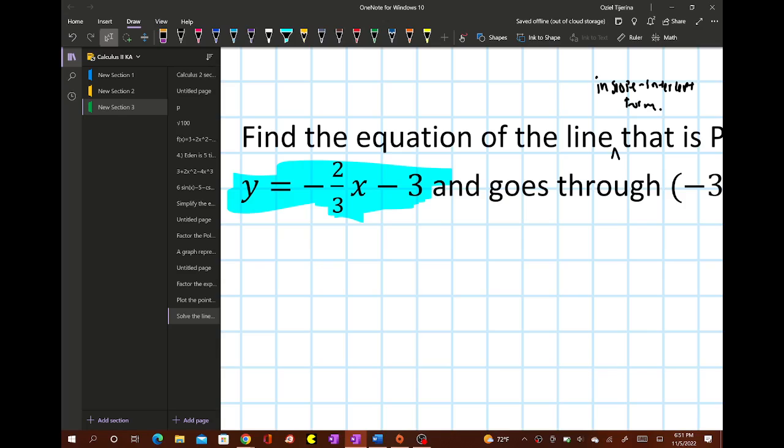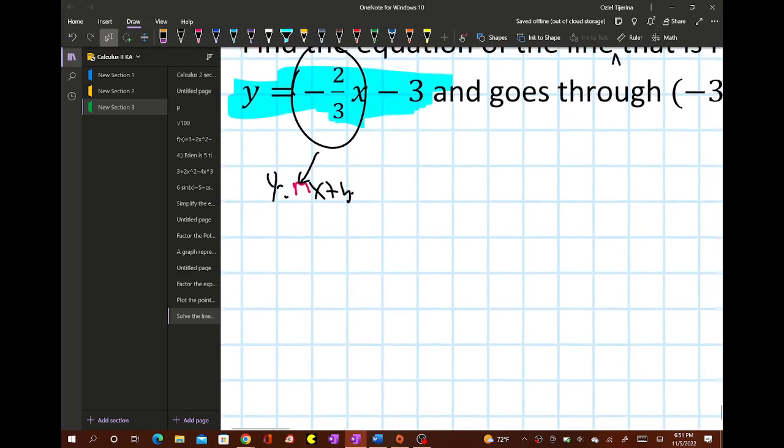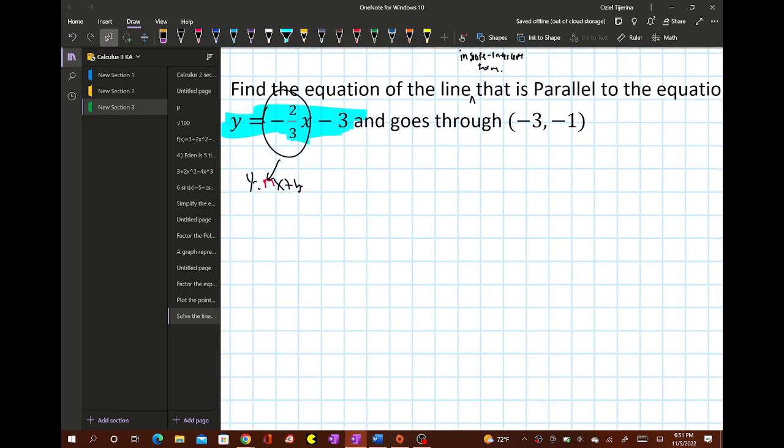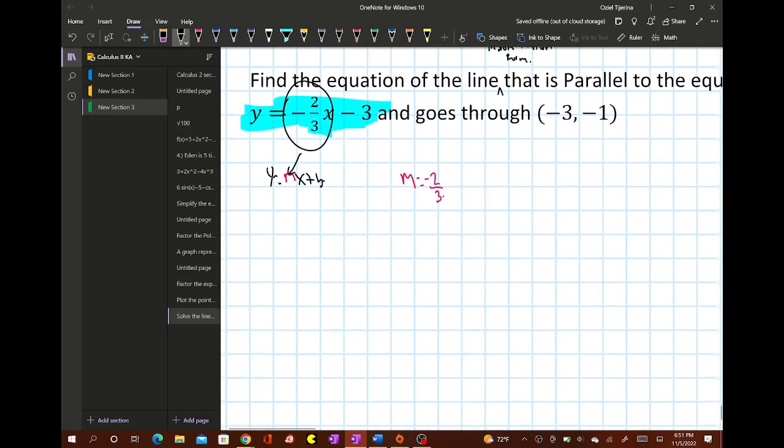Because of slope-intercept form. Remember, like I said, slope-intercept form is y equals mx plus b. This is my m, okay? Now, because they're parallel, I'm going to have the same slope. So in my equation, m will be negative 2/3, because parallel means the same slope. It's literally the same slope.